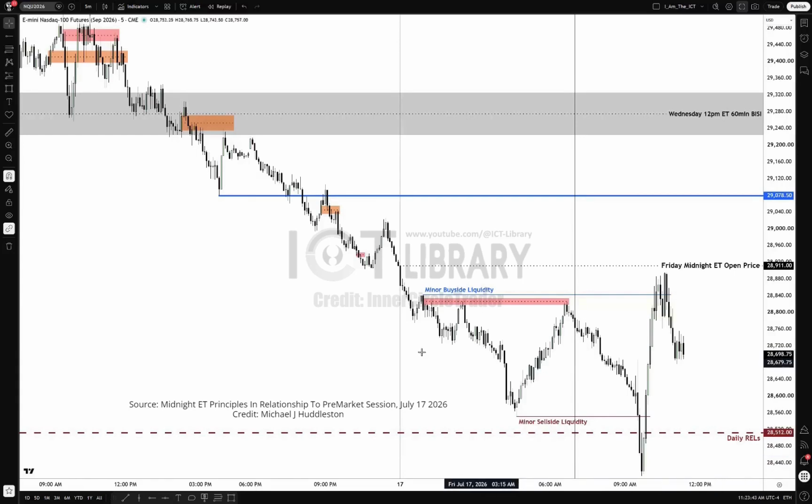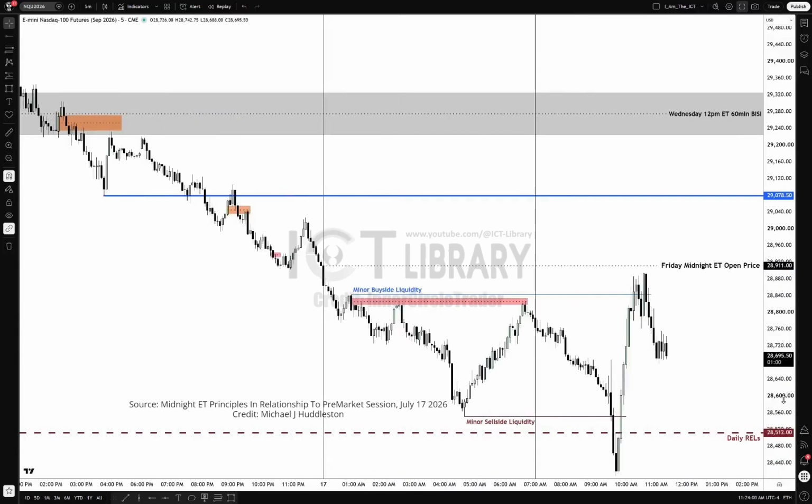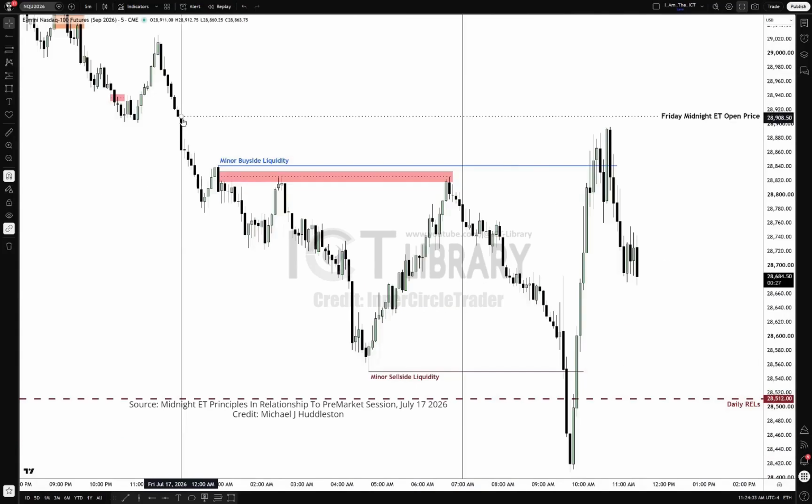I want to look at this here where we have a midnight open at Friday, and we have an unrealized objective or draw on liquidity. And the midnight open price generally can act as a kind of fulcrum point and be a bookend or a beginning point of the daily range expansion.